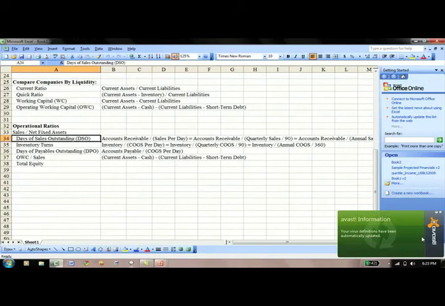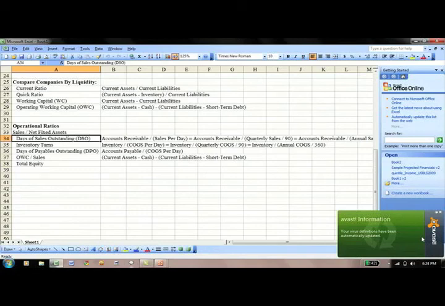Now, inventory turns we spoke about, which is again inventory divided by the cost of goods sold per day. And again, you can do this quarterly or you can do this annually. Days of payables outstanding basically reflects how quickly you pay off your suppliers and your contractors.